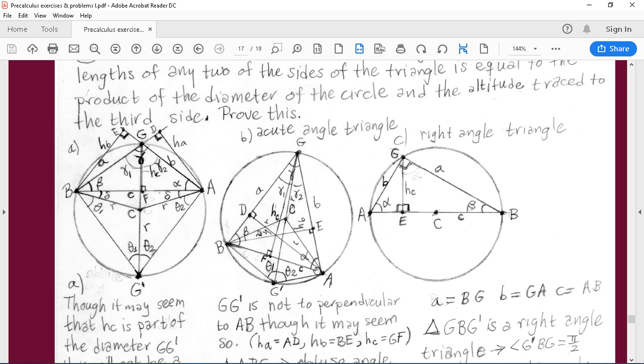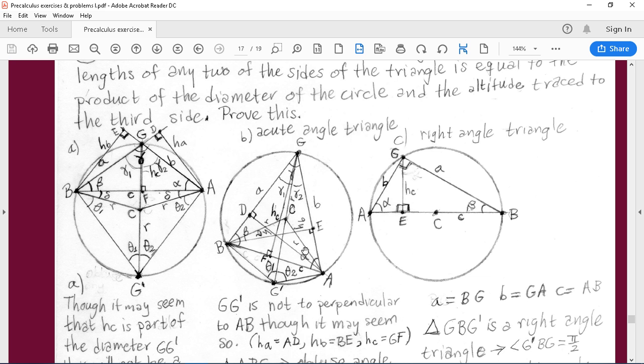We can also consider triangles GBE, BEA, as well as DAB and DAG. So let's start with the angles. Let's find the trigonometric functions for the angles.